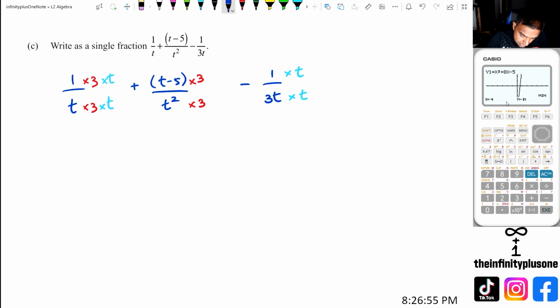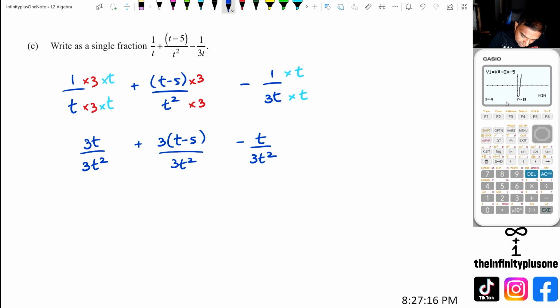So when I do this, in the first fraction I'm going to get 3t over 3t squared, plus 3 bracket t minus 5 over 3t squared, minus t over 3t squared.